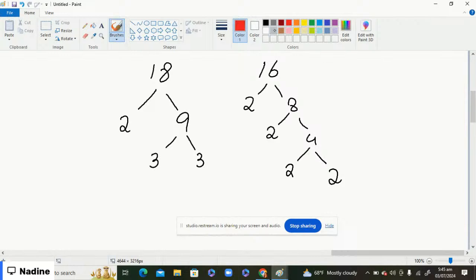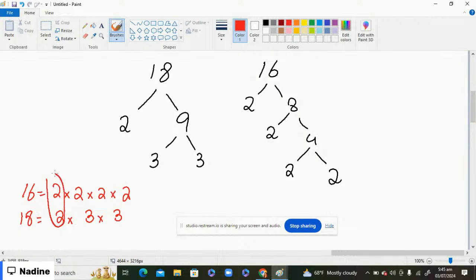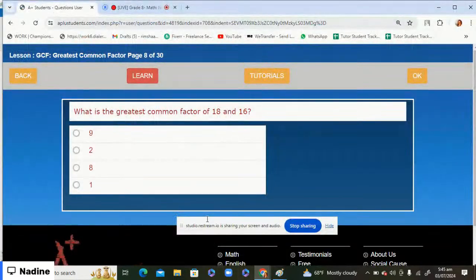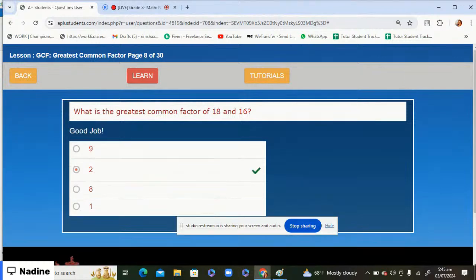Let's write it. For 16, it's 2 times 2 times 2 times 2. And for 18, it's 2 times 3 times 3. The only common one is 2. So 2 is your greatest common factor. Let's click on it.